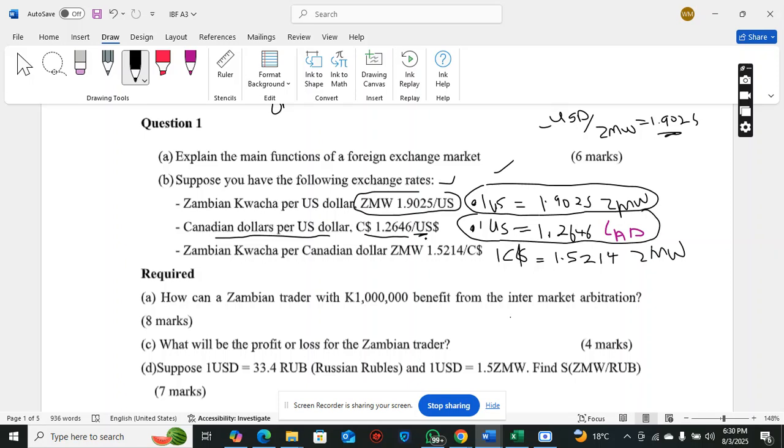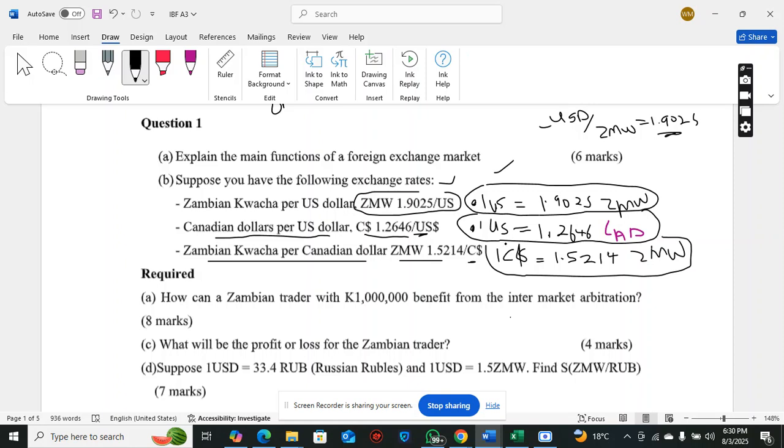And then here we've got Zambian kwacha per Canadian dollar, ZMW 1.5214 slash Canadian dollars. Basically telling us 1 Canadian dollar equals 1.5214 Zambian kwacha. So colleagues, always remember the different ways they can put these exchange rates.